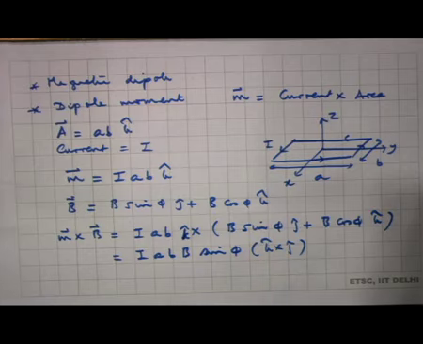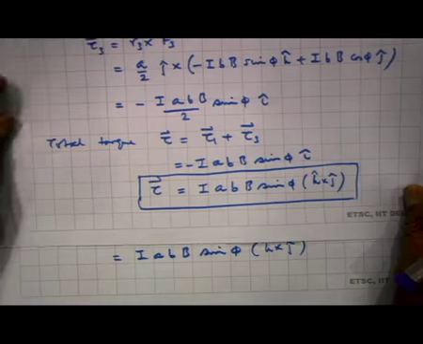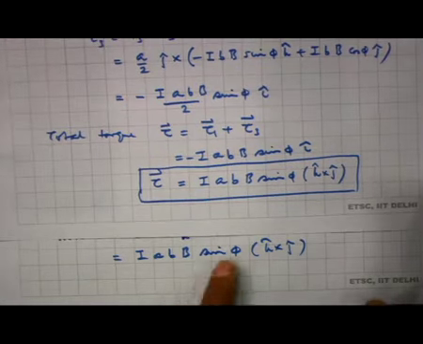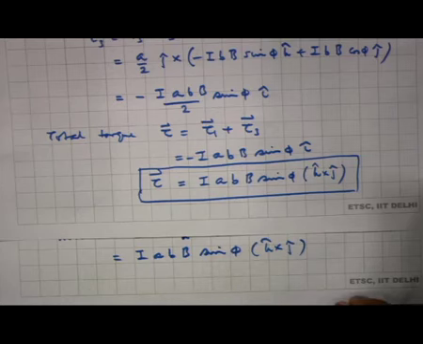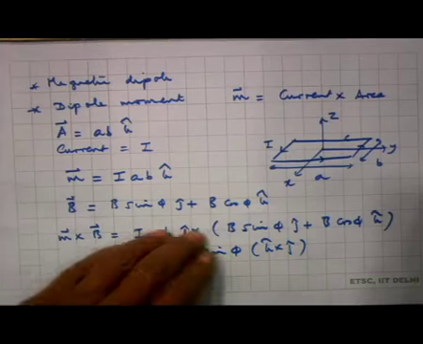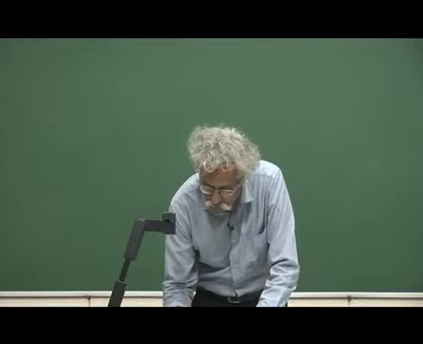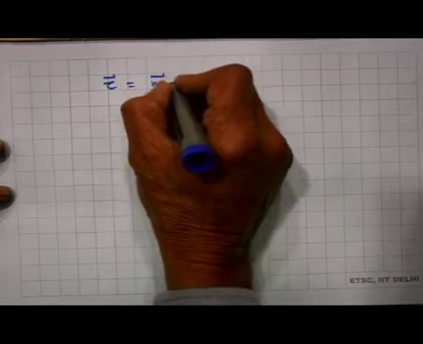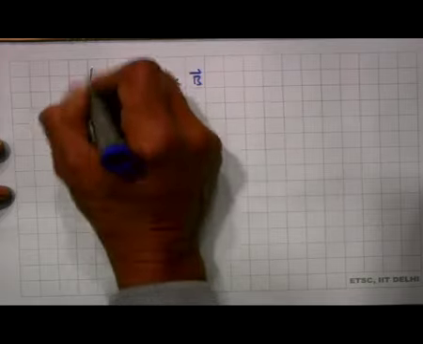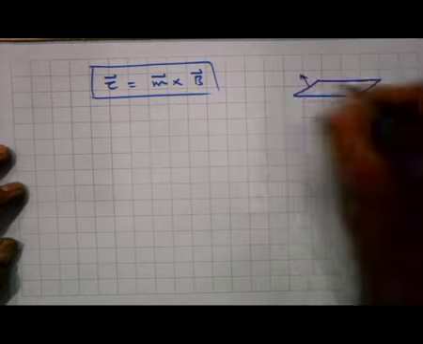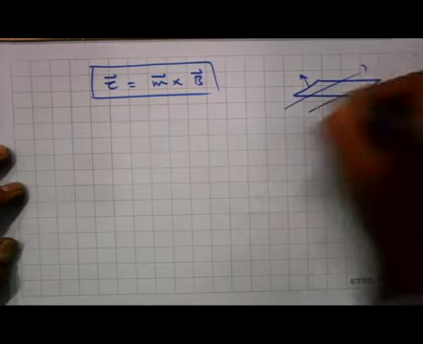So, let me compare this with the expression for tau we have obtained: I A B B sin phi k cap cross j cap. So, this torque is nothing but M cross B. So, I get a torque on this current loop, tau is equal to M cross B. So, if I have a current loop like this, the two forces are acting like this, there is a magnetic field oriented in some direction.